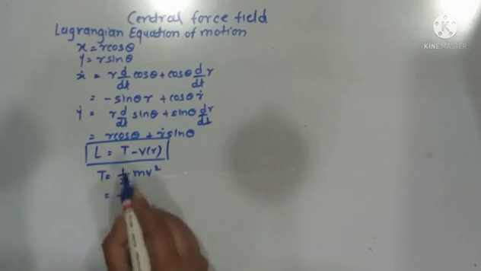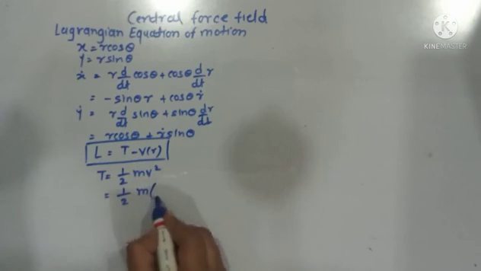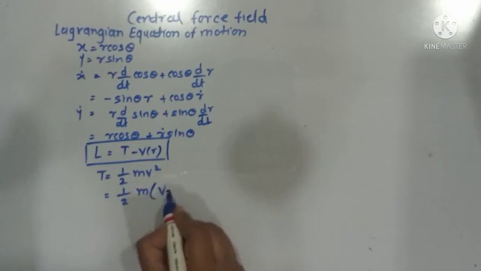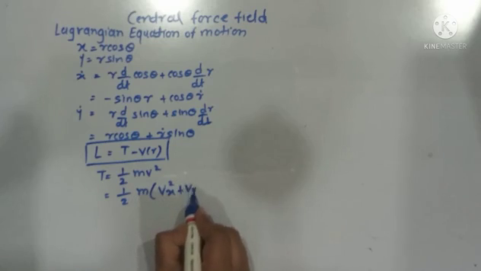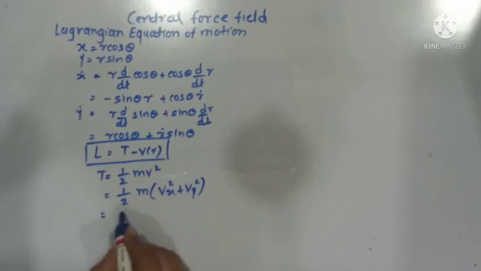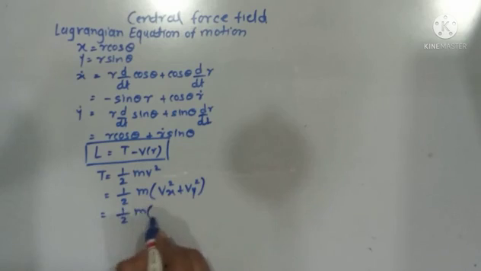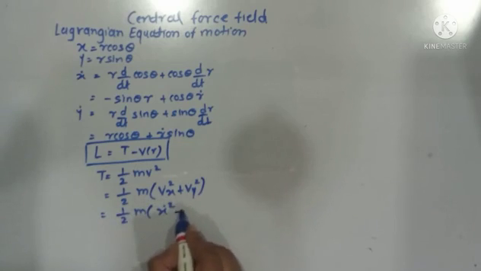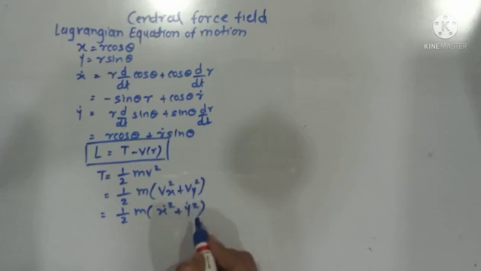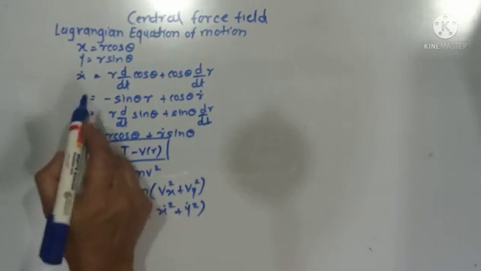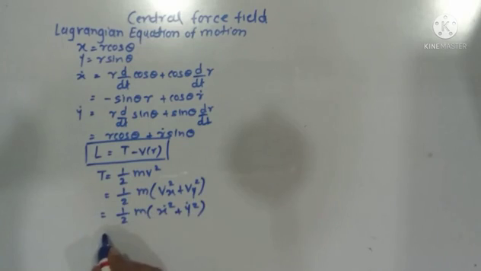As we have taken two directions, I can write v square as vx square plus vy square, which is nothing but x dot square plus y dot square. We have calculated the values of x dot and y dot.